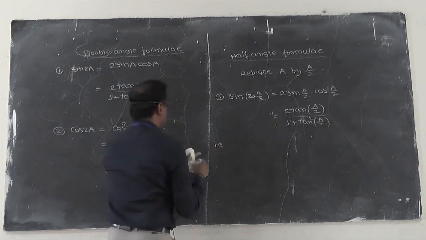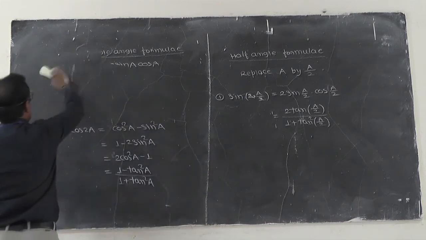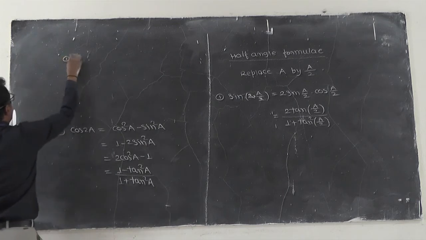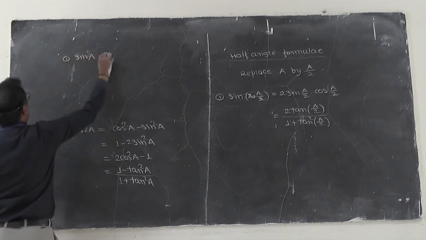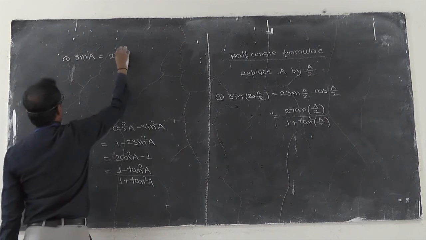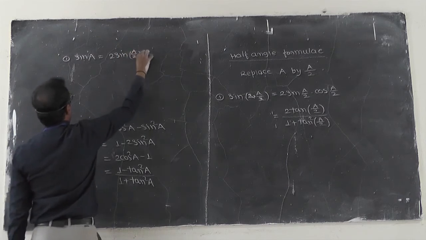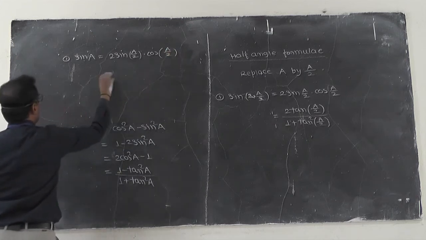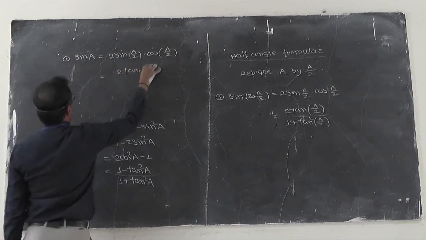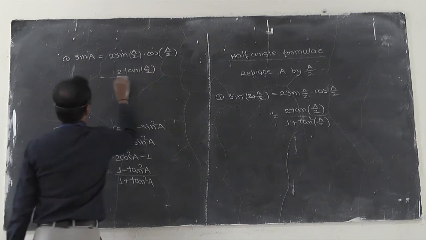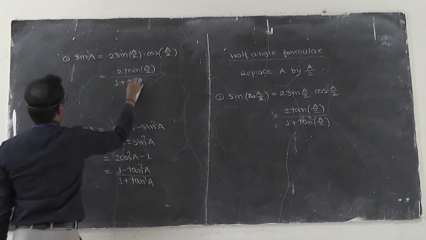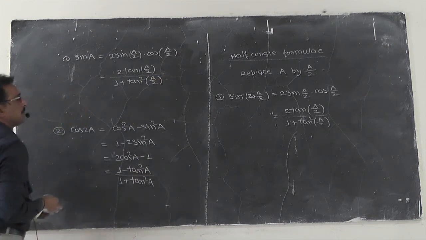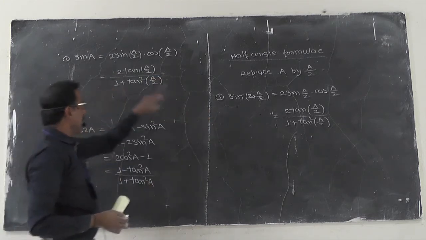That is, we have the formula for the half angle. Sine a is equal to 2 sine a upon 2 into cos of a upon 2. It is equal to 2 tan a upon 2 divided by 1 plus tan square a upon 2. These two formulae I have written here.